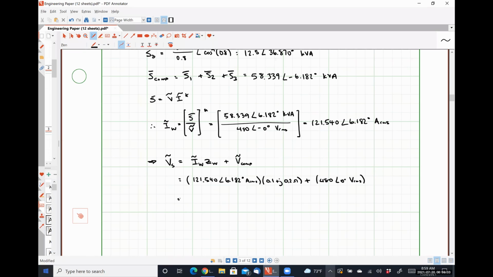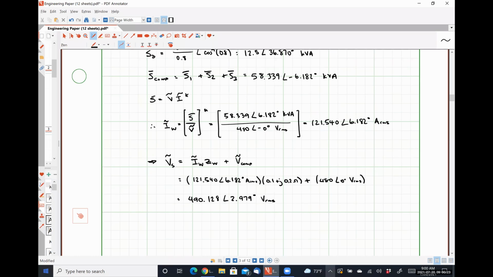And let's see, so that is 490.128 angle 2.979 degrees volts RMS.